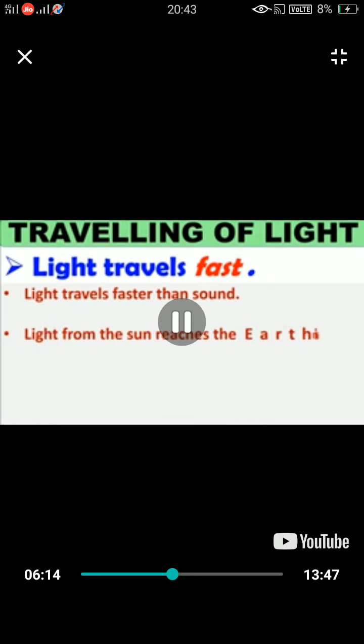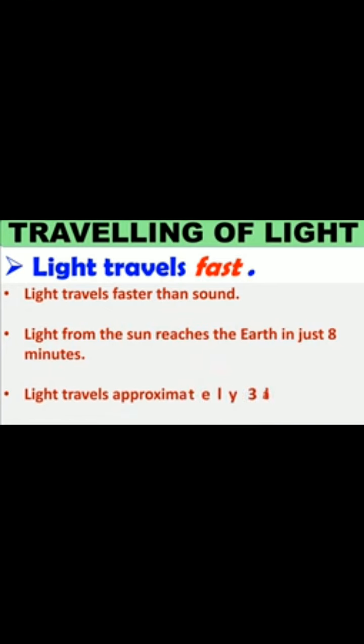Third property of light is that light travels fast. Light travels faster than sound, as you have experienced in your daily life in thundering or lightning. Light from the sun reaches the earth in just 8 minutes. This is an amazing fact. Light travels approximately 3 lakh kilometers in 1 second.